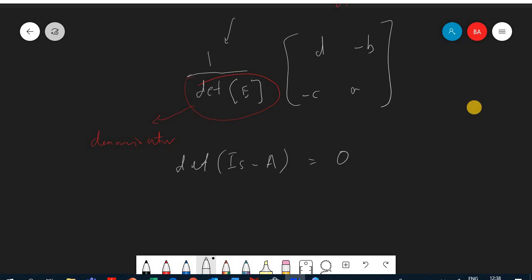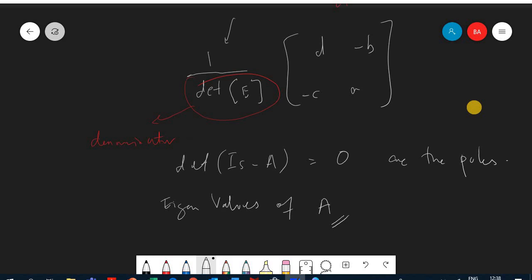In this case, if you set the determinant of sI minus A equal to 0, those are the poles. What I want to mention here is that we are not going to study the eigenvalues here, but I'm talking about the eigenvalues of matrix A.